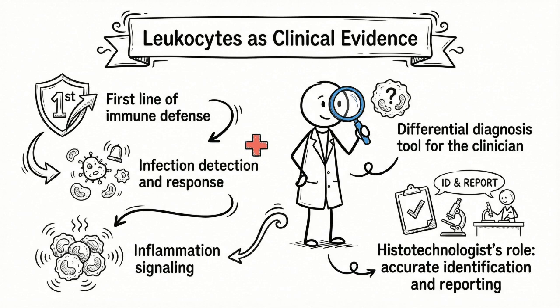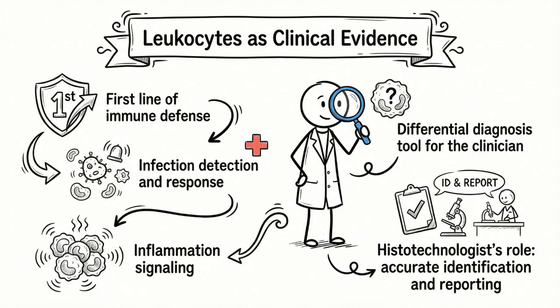A left shift, indicating an increase in immature neutrophils, often signals an acute bacterial infection or significant inflammation. The presence of toxic granulation in neutrophils, characterized by dark, coarse cytoplasmic granules, further supports the diagnosis of severe infection.